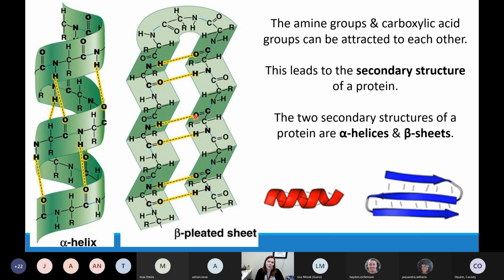So I use polar covalent bonds to make dipoles. Once I have dipoles and they start to interact with each other, that's called a hydrogen bond. So building my secondary structures, building my alpha helix or my beta sheets, that's the work of hydrogen bonds. Building my primary structure, connecting my amino acids in order, that's the work of peptide bonds.